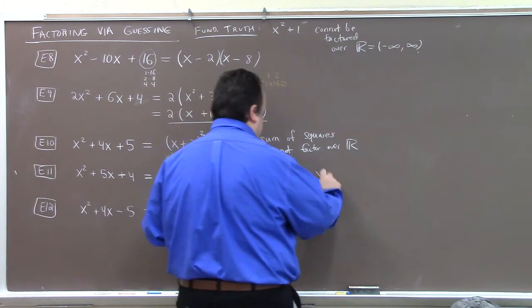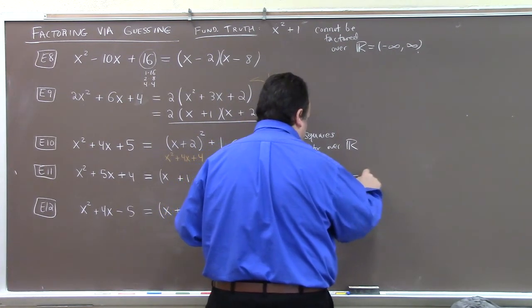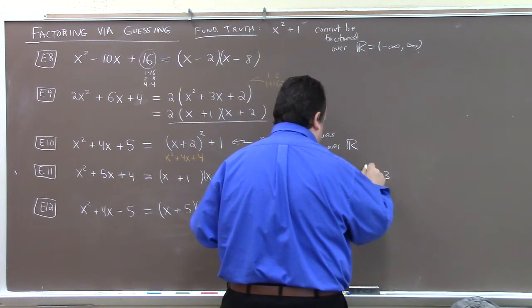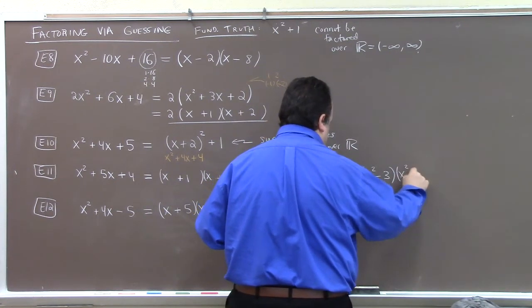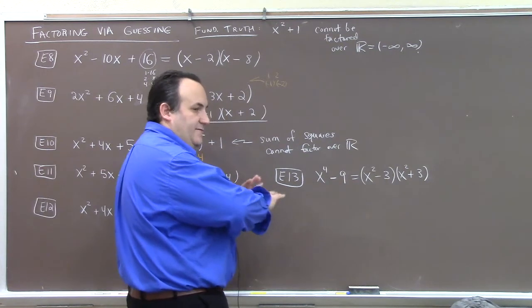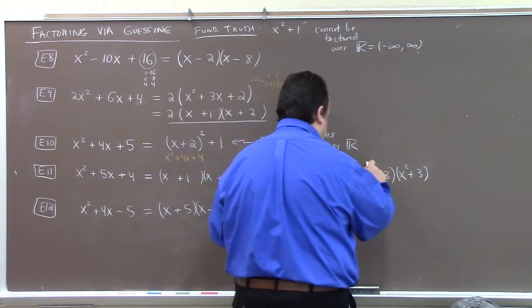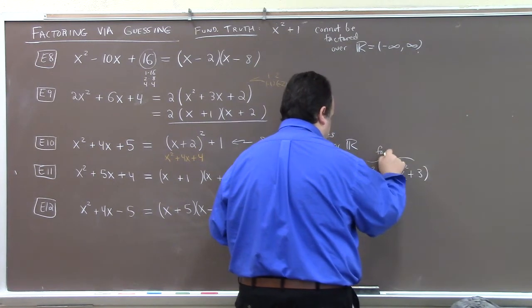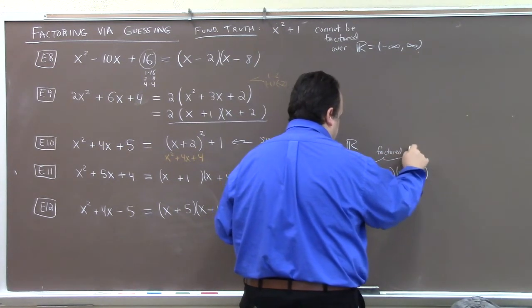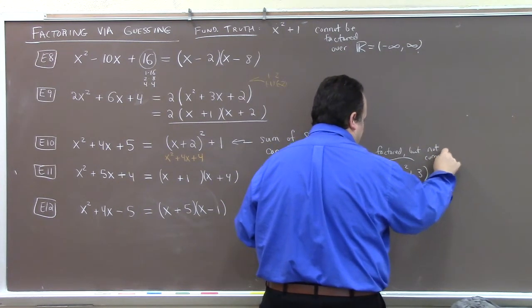So if I had x to the fourth minus 9, right? That is x squared minus 3 times x squared plus 3, right? I've factored this, right? So this is factored. I factored, but it's not completely factored. Why is it not completely factored?